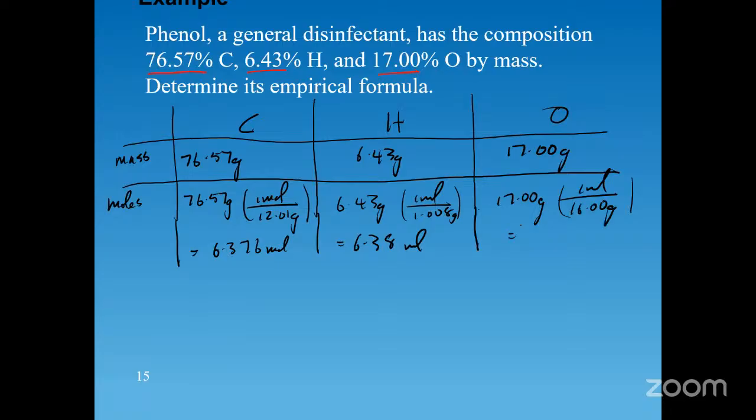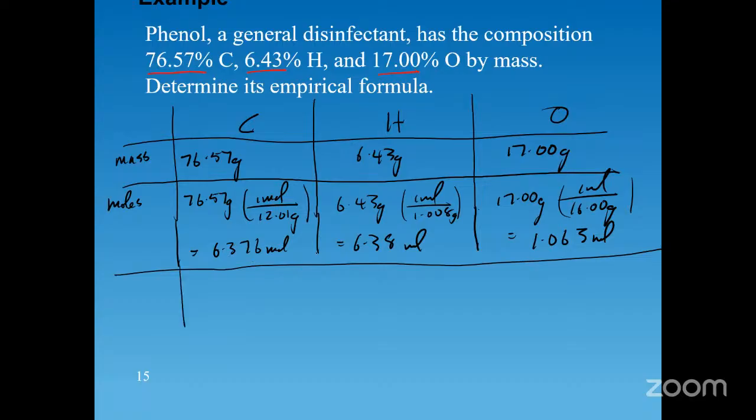So that would be 17 divided by 16. So I got 1.063 moles, all right? So that's this step, convert the grams of each of them to moles.